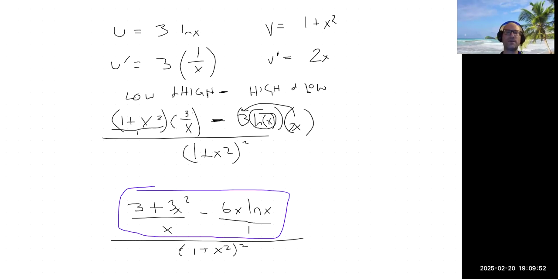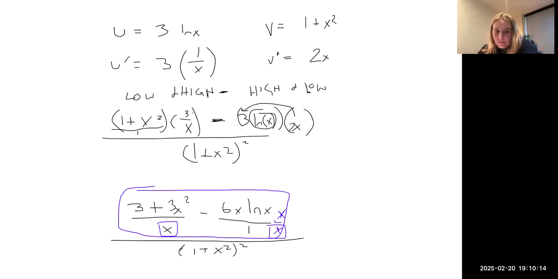We could get the same common denominator by multiplying the second term by x over x. And that gets us the same common denominator. So this is x on the bottom and this is x on the bottom. Now we can combine those together as one.